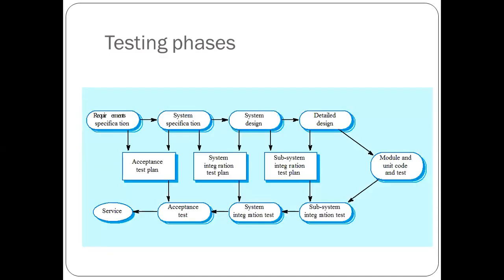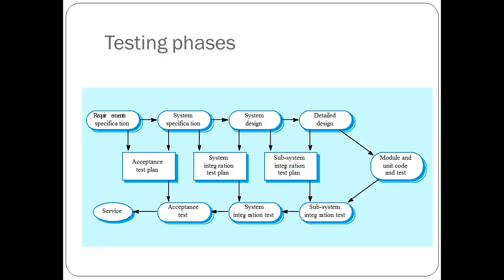Now there are a number of testing phases. In this block diagram, you can see there are a number of testing phases. The first one is the requirements specification. Whenever we are using any model, the first stage is the requirement specification: what will be the requirement of the customer, the user, or the organization.